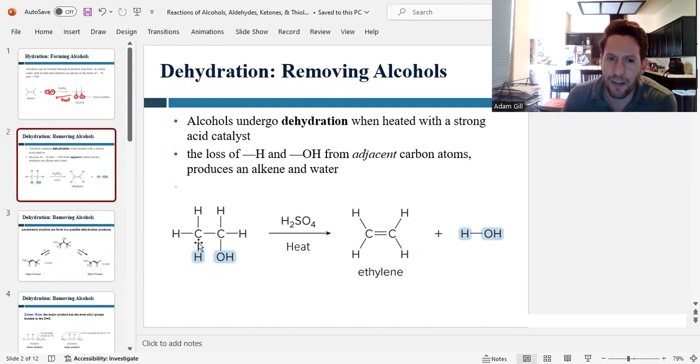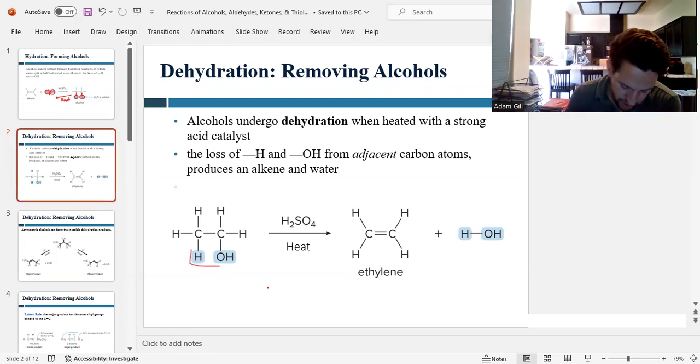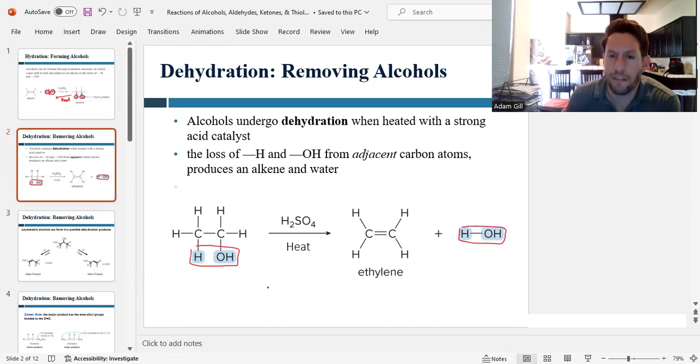So you take your alcohol, you treat it with acid and heat, and you will remove the H and the OH from the molecule, and they will recombine as water, leaving you the alkene. So the dehydration of an alcohol forms an alkene, right? Same reaction, just opposite direction.